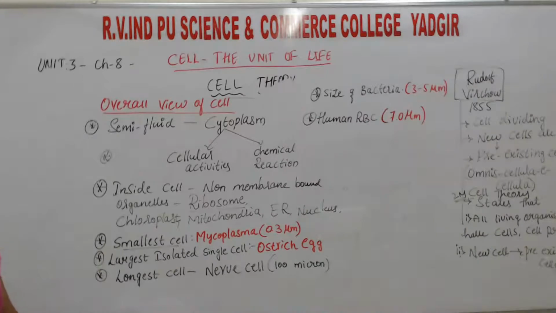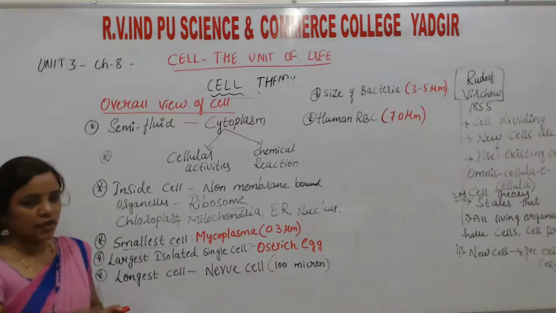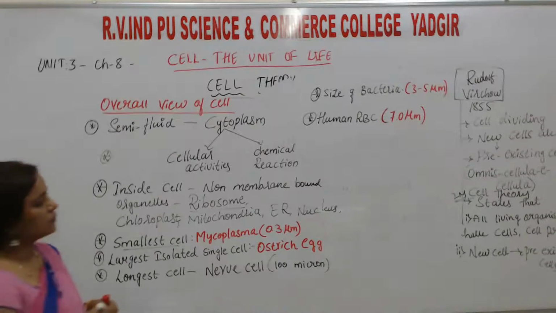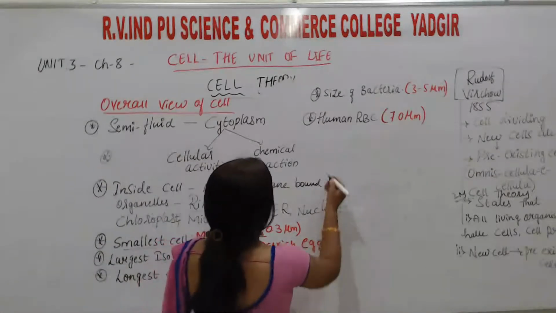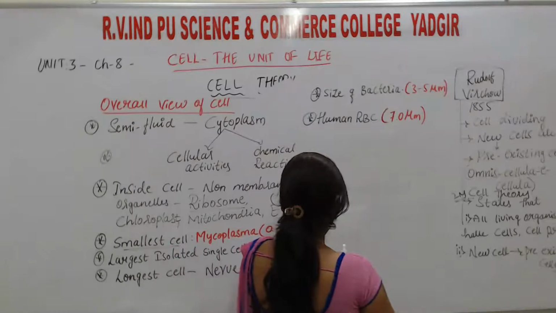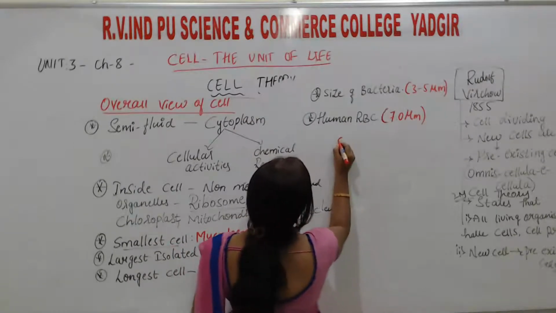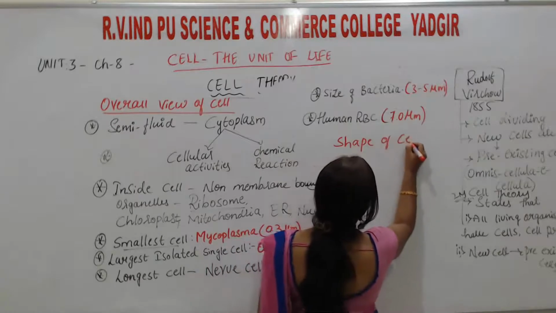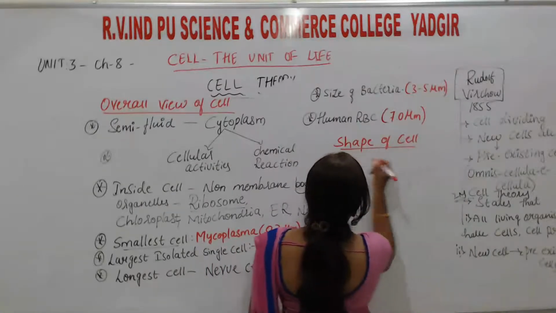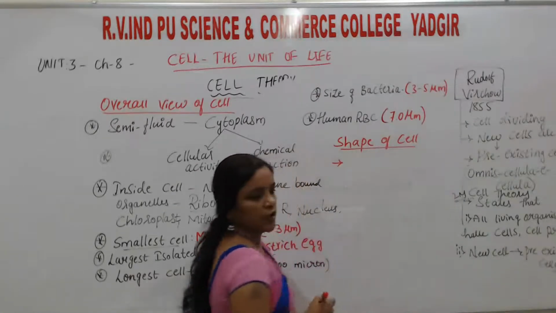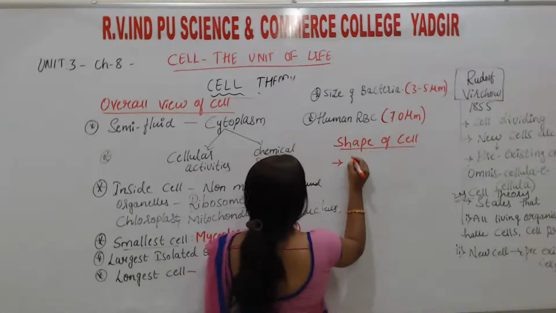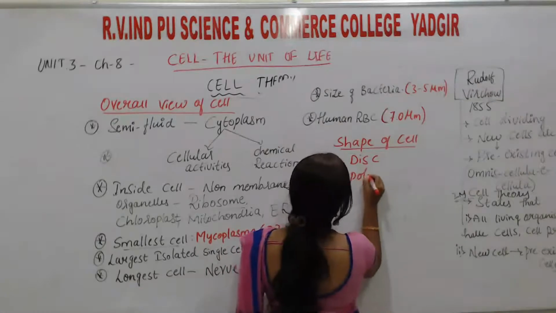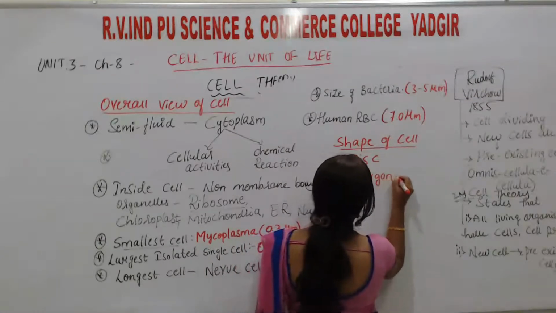And coming to the shape of the cell, if we see, the shape of the cell can be disc shape, polygonal shape.